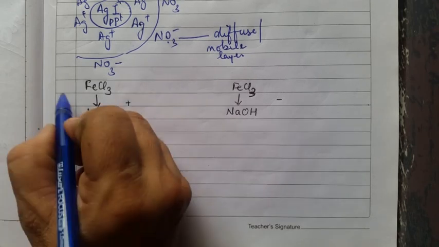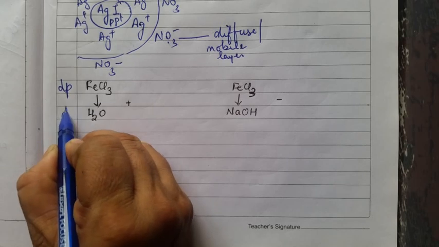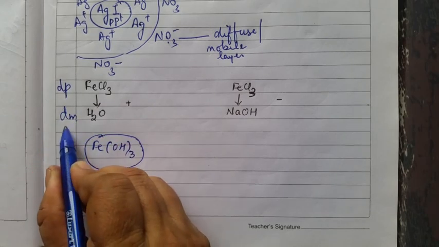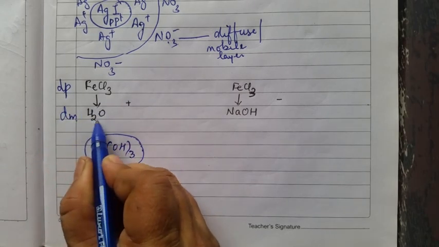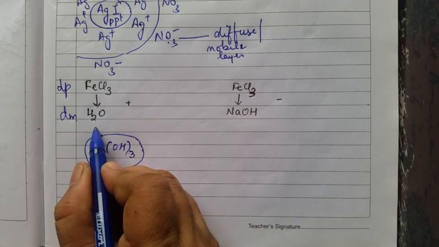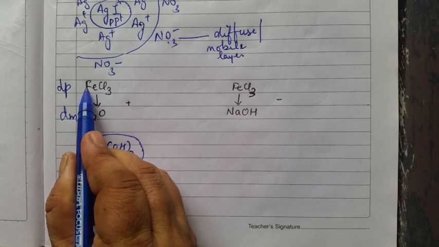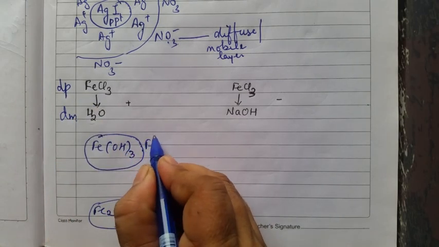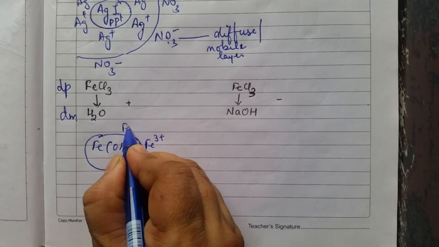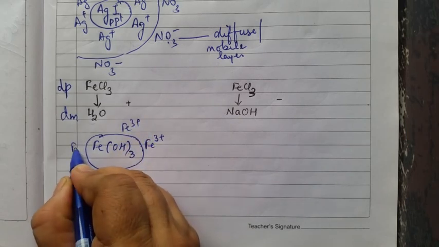So this was the phase, this was our medium. But in this case, we will not take anything common from the medium because it is not ionizing to a greater extent. So what is common with the phase itself will be adsorbed onto it. What is adsorbed here? Ferric ion only.